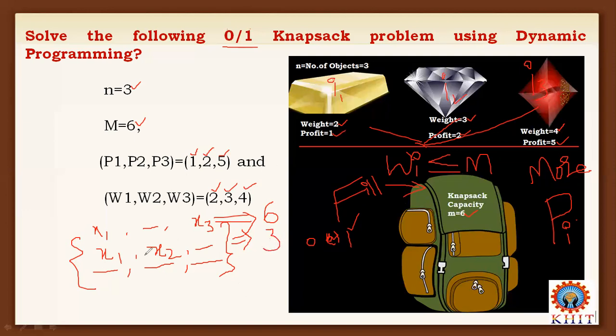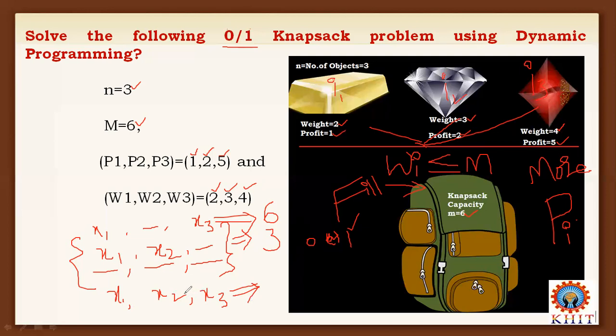If I fill the bag with the first item x1, second item x2, and third item x3, what will happen? If I fill the bag with x1, the weight is 2. Again, I can fill the second item also, and the total weight is 3 plus 2, 5.